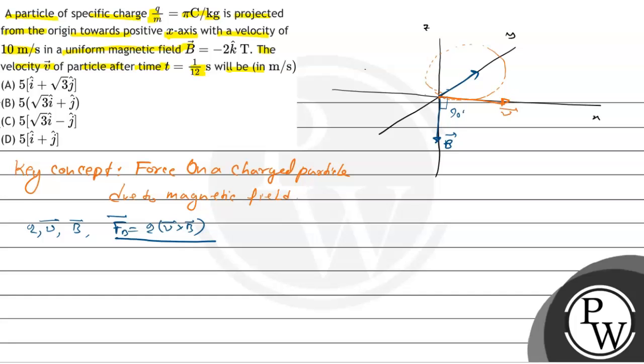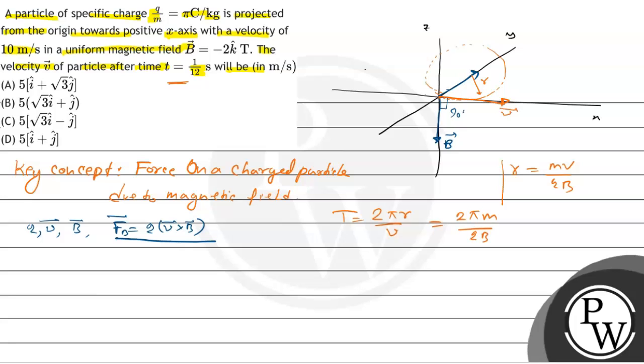Now we have to find the velocity of the particle after time t equals to 1 by 12 seconds, right? We know that if the radius of the circular path is r, then r is equals to mv by qB, right? So the time period is equals to 2 pi r by v, which is equals to 2 pi m by qB.